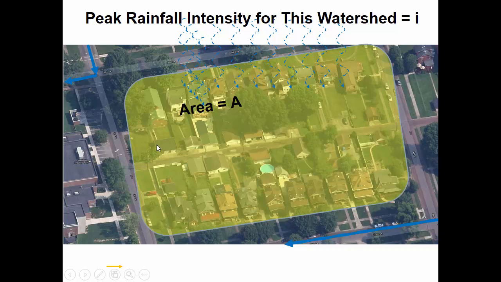So to know the rainfall intensity that's applicable, you have to know how quickly the water is flowing over the surface of the land. That's a complicated idea that we will get into in detail, but think of it this way.